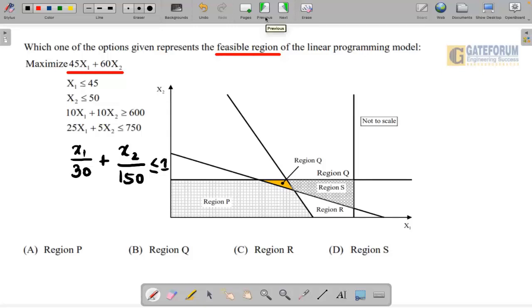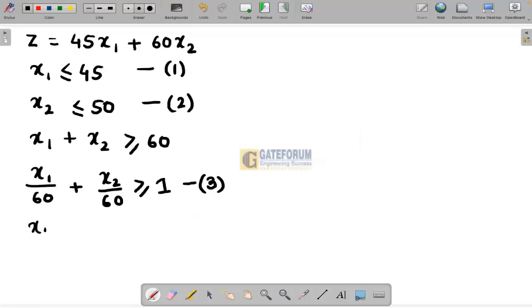So x1 by 30 plus x2 by 150 is less than or equal to 1. These are the 4 equations. We have to draw the graphs of these 4 equations, and once we draw them we will get the answer. Now, subject to constraints.